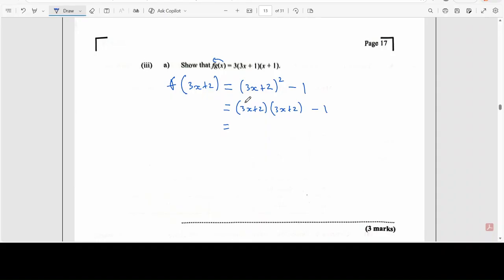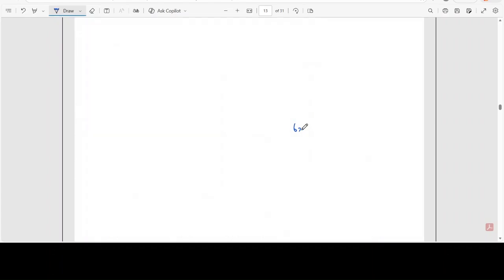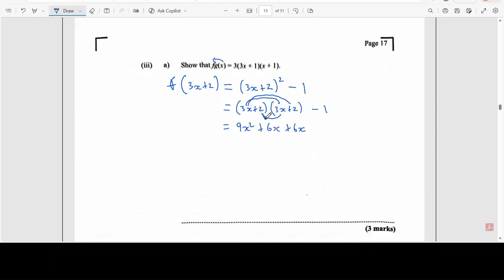So to expand our brackets, first term by first term, 9x squared. First term by second term, 6x. Then second term by first term, 6x. Second term by second term, 4. Minus 1.